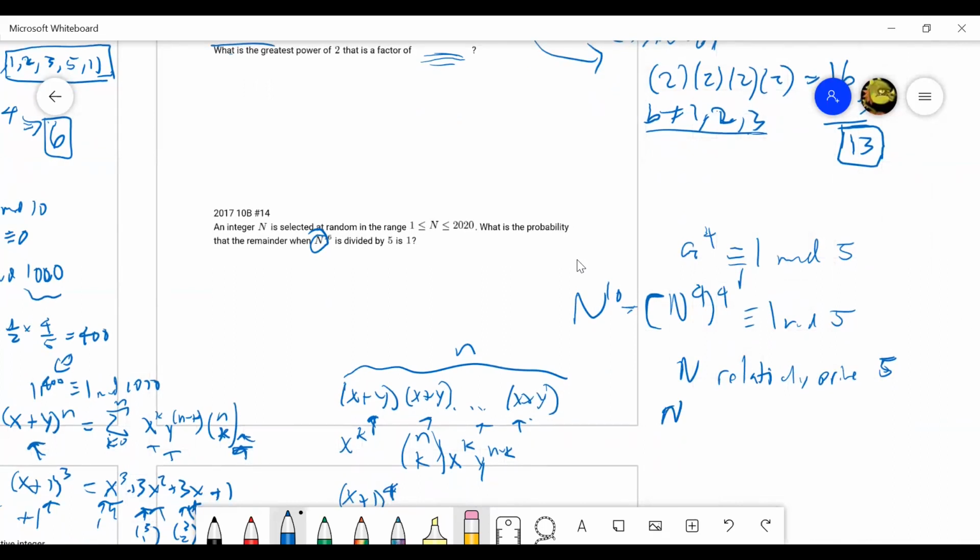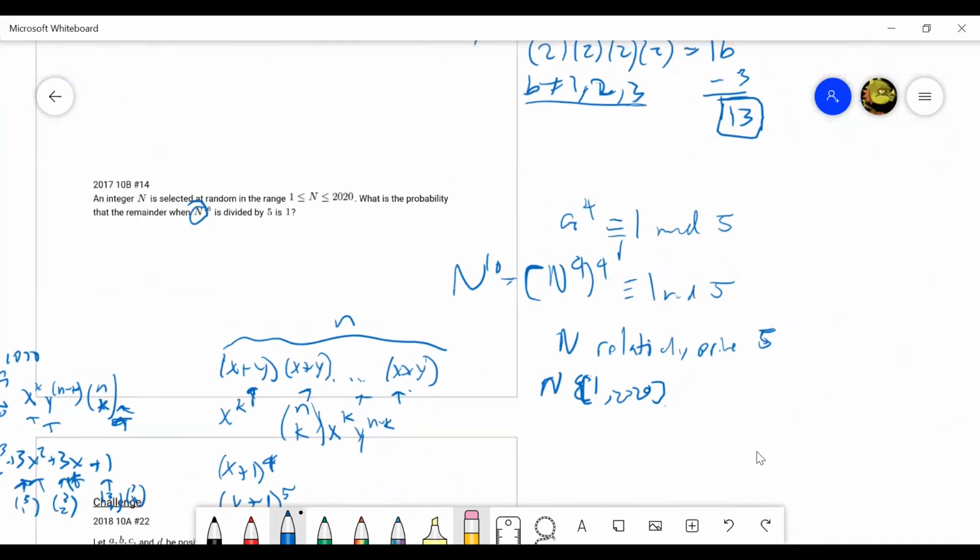N can be in this range of 1 through 2020. And note that this is a multiple of 5. There are 2020 numbers in this range. So 4/5 of them are not going to be divisible by 5. So that's just it. So essentially, 4 out of every 5 numbers is not divisible by 5.